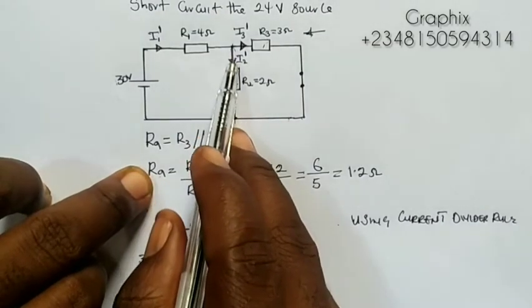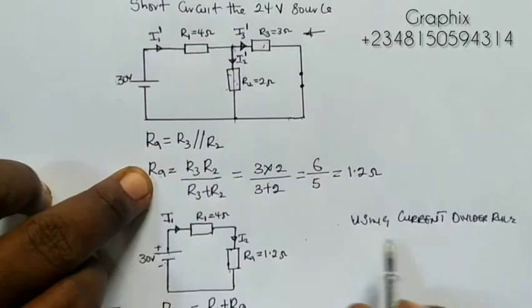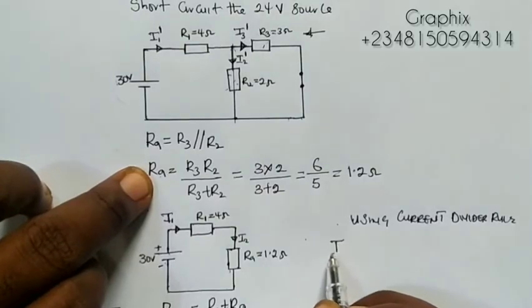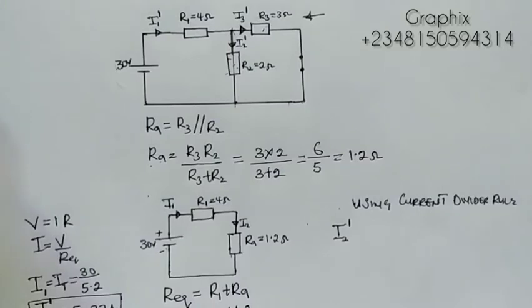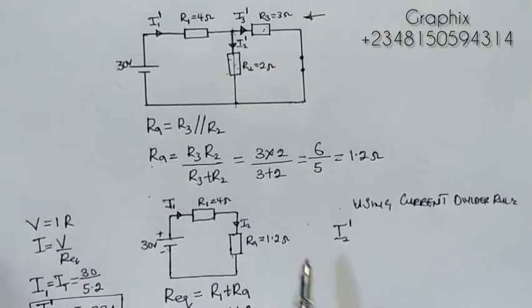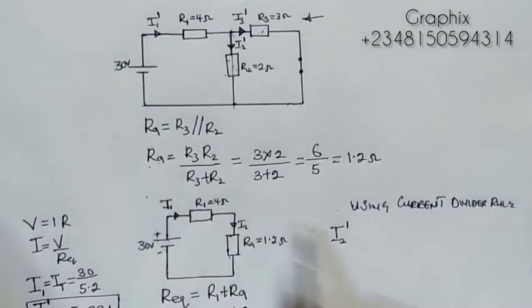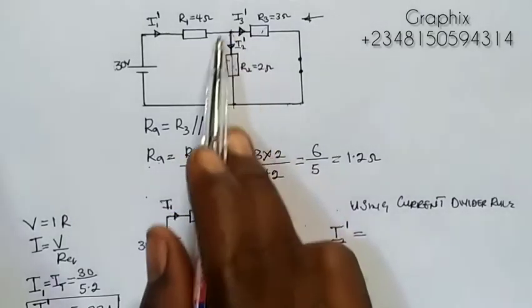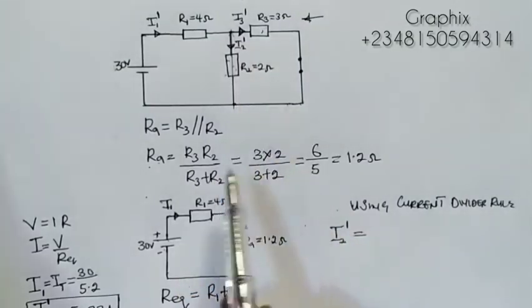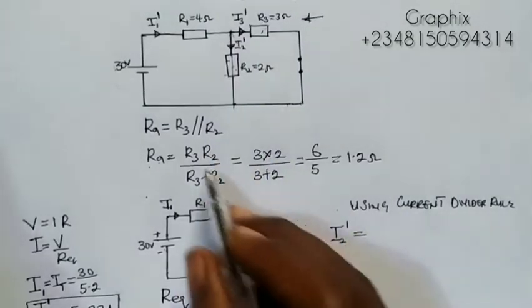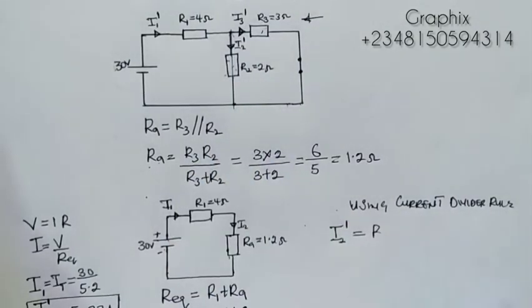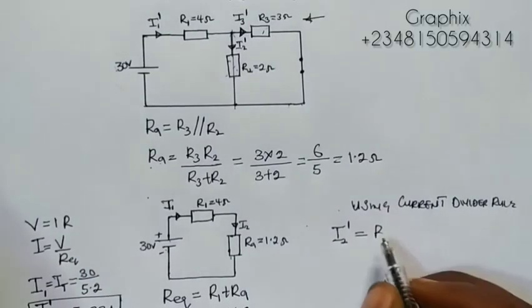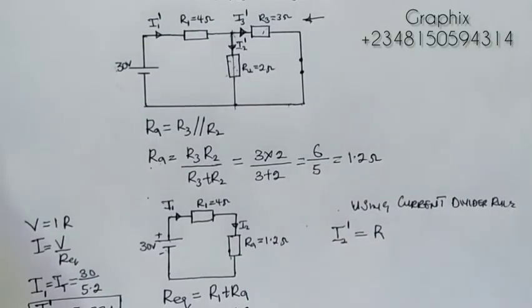I want to look for I2, so I'll put prime. I removed this RA and placed I2. The question you ask yourself is where I2 is flowing through. I2 is flowing through R2, so I'm going to remove R2. So we're left with R3.